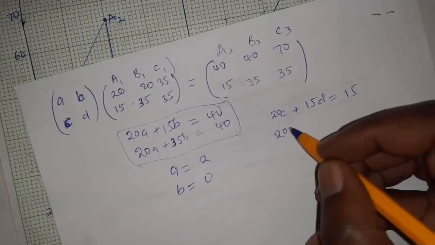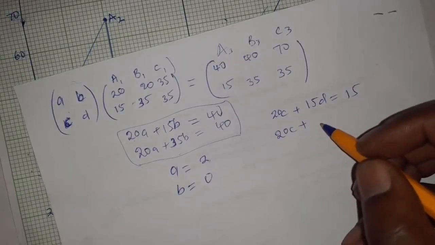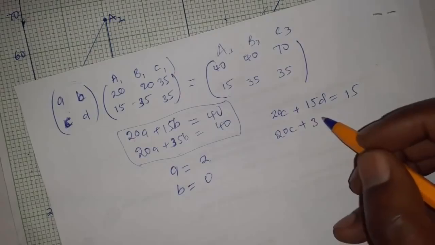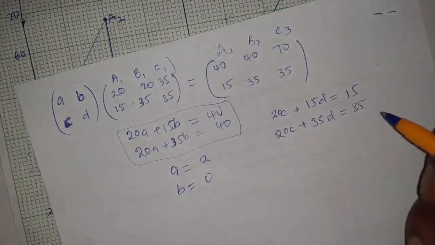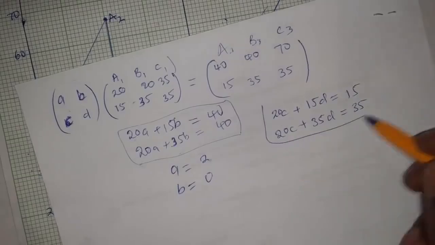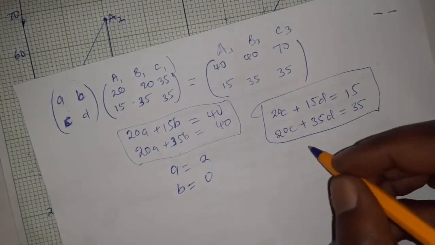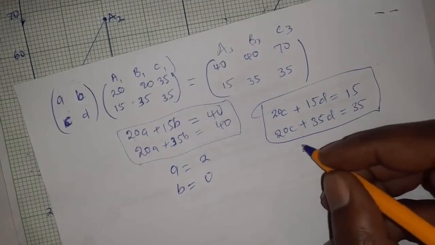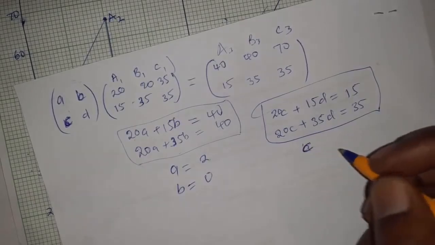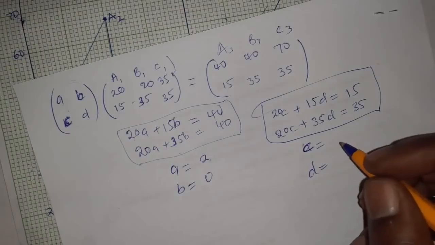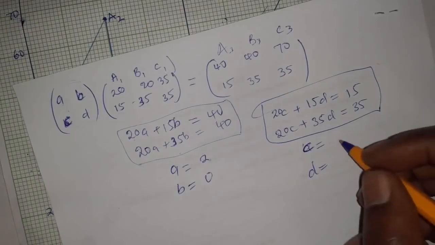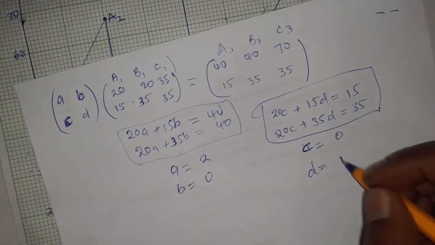Then 20C plus 35D is equals to 35. You work these also out simultaneously. You're going to get your C and your D. So your C is going to be 0 and your D will be 1.